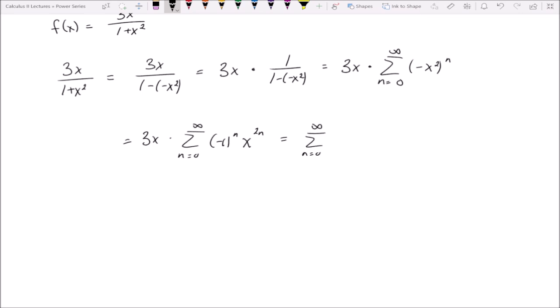So this will be the series negative 1 to the n, 3 times x to the 2n plus 1. And this was, of course, all for absolute value of x less than 1.